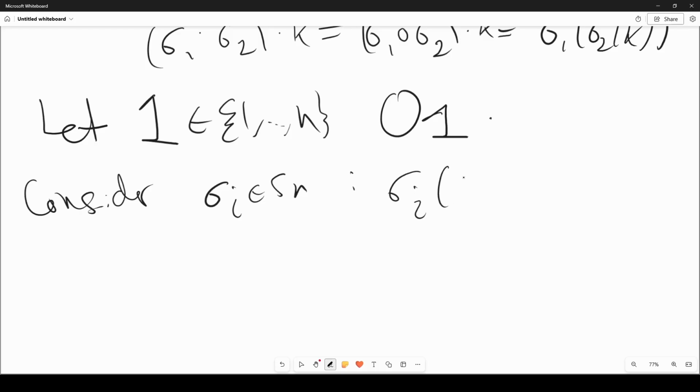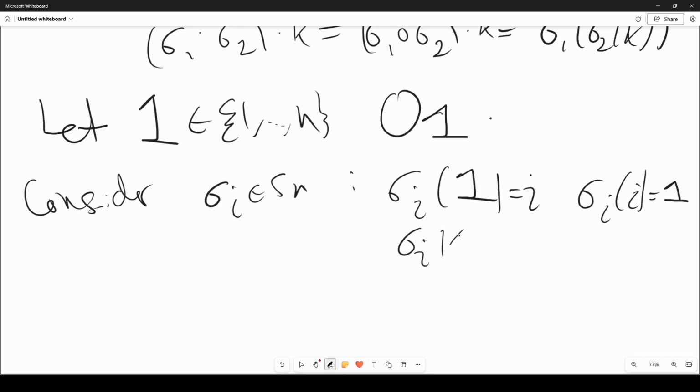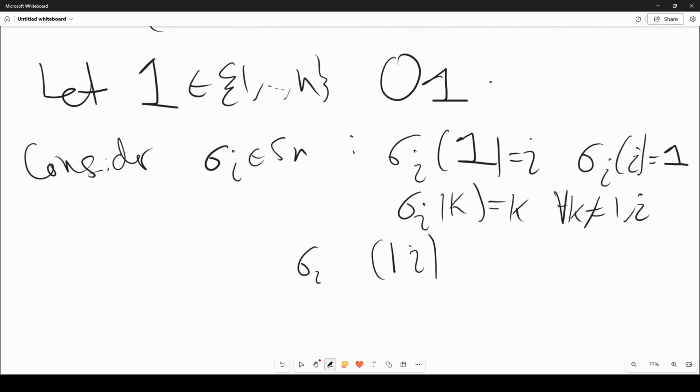Sigma I of 1 equals I. Sigma I of I equals 1. Then we get sigma I of k is going to be equal to k for all k not equal to 1 or I. You can also just think of this as in cyclic notation of swapping 1 and I, and then everything else stays the same.